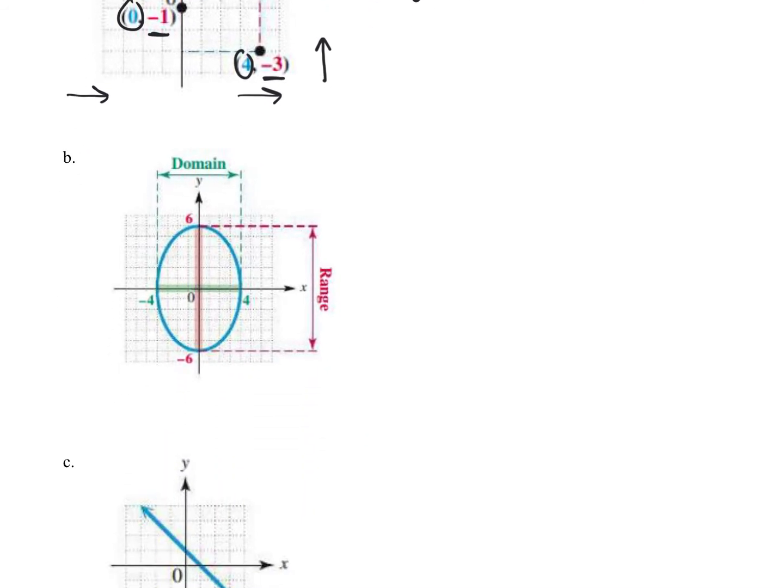The next one, a little bit different. So domain is left and right. So if you can look at a graph and find the left-hand side and find the right-hand side, then that's my domain. So my domain on this one started at, we're going to put a bracket because I actually touch -4, and I go all the way across this way to +4 with a bracket.